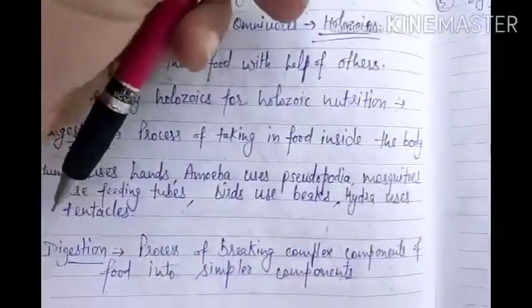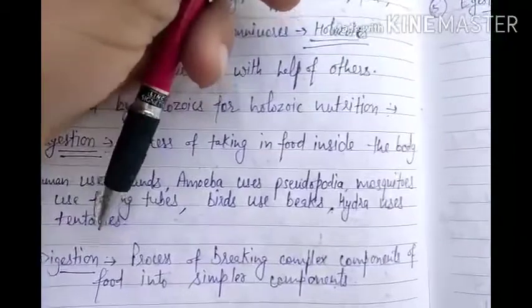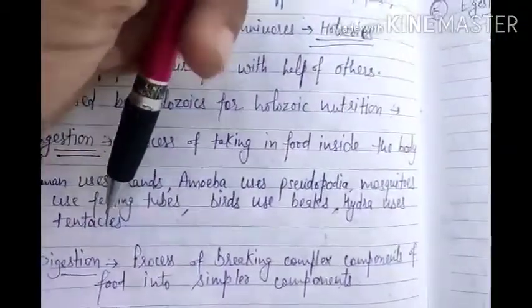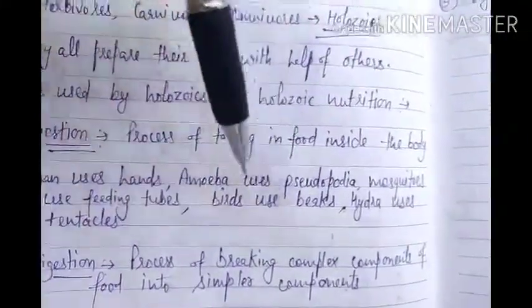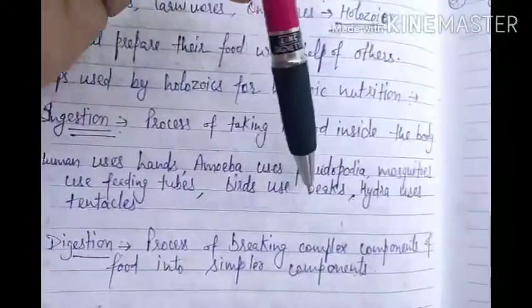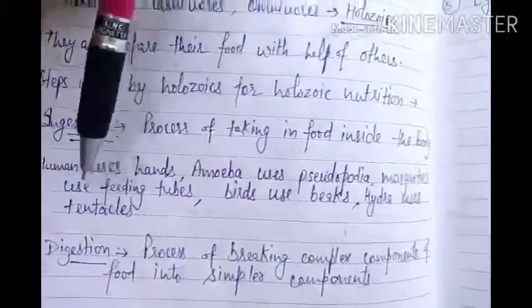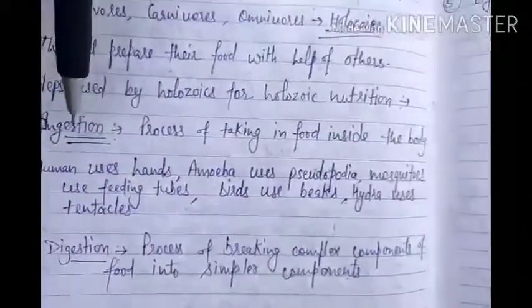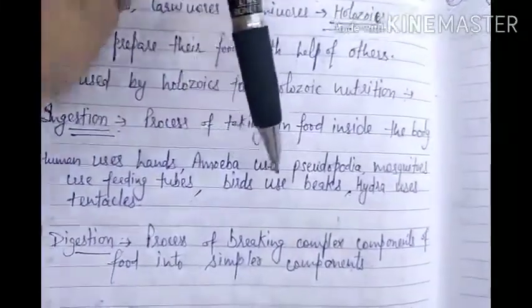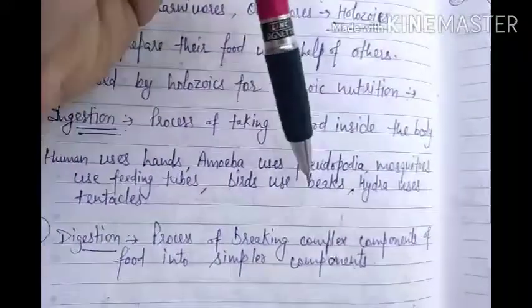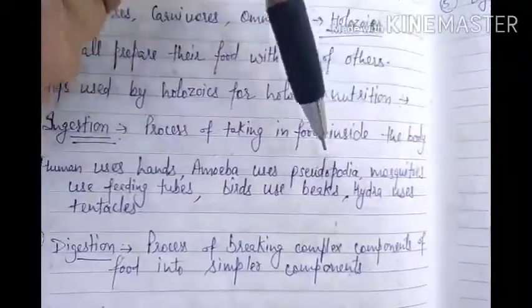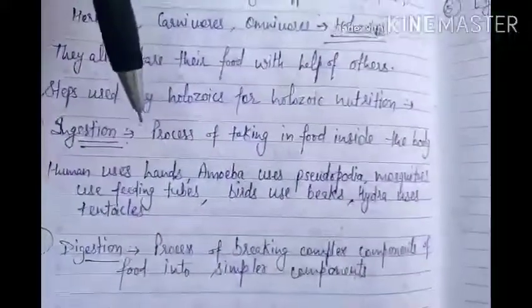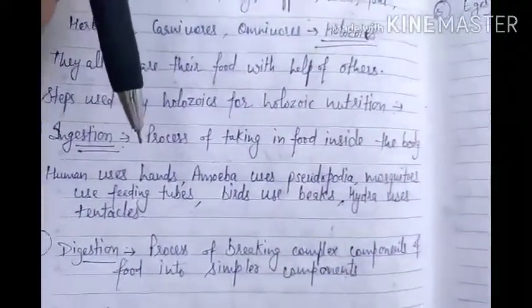Tentacles are small hair-type structures, and it uses them to take food inside the body. So this process of taking food inside the body is called ingestion. Different holozoics use different methods to take in food. This is the first step of holozoic nutrition.